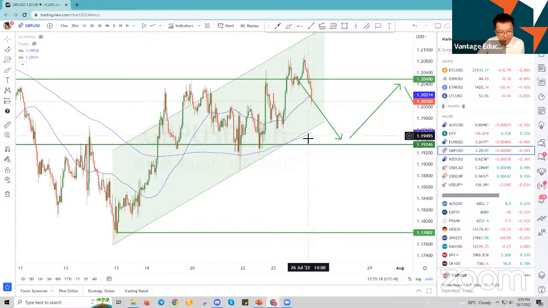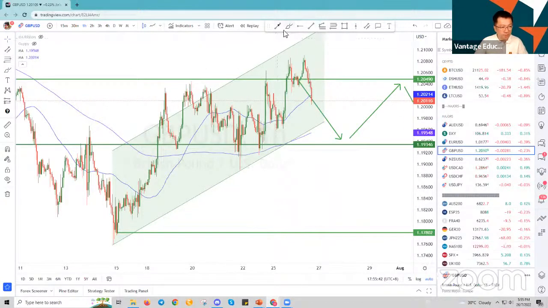What you see is that moving average, the 200 will be sitting right at that point. So we do see price track lower right now at 1.2010. If it comes down towards 1.1970, we could see it come close or break that confluence of a moving average together with the channel.